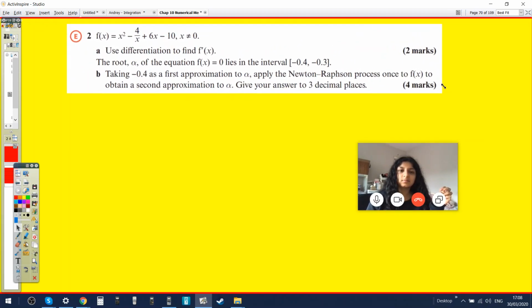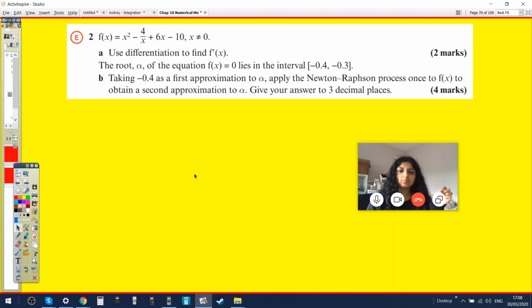Exam question. Is this worth doing? So when I differentiated, I got 2x plus 4x to the minus 2 plus 6.